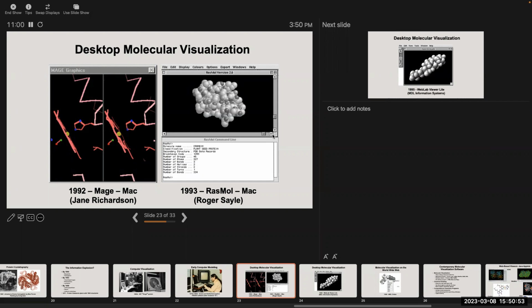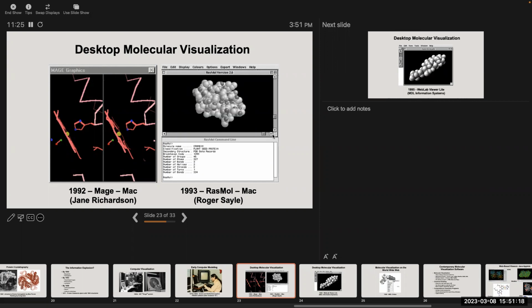So there were some early attempts to create molecular visualization programs that would now run on these desktop computers. And one of the first ones that was released was a program called MAGE, which was designed exclusively for the Mac, or initially designed for the Mac, and was released in 1992.